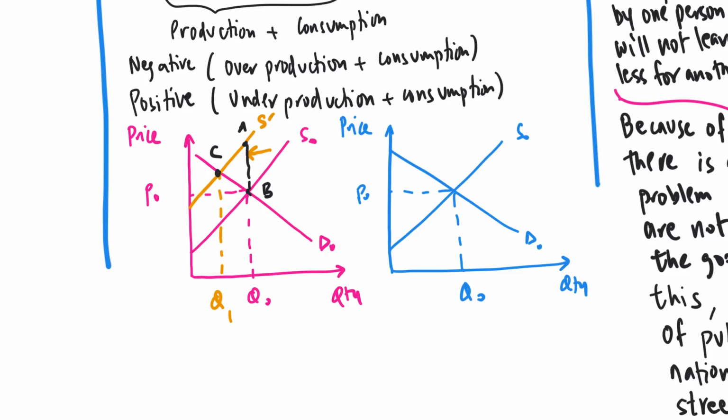At Q1 there is no externality, which means all this area ABC is what we call a deadweight loss. So area ABC is our deadweight loss that happens because of over provision of the good, as the producer should be producing less than what he is producing right now.